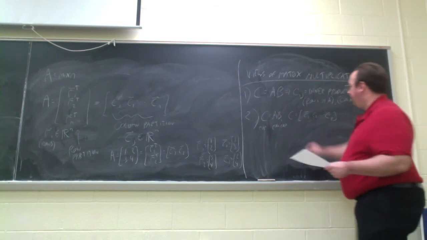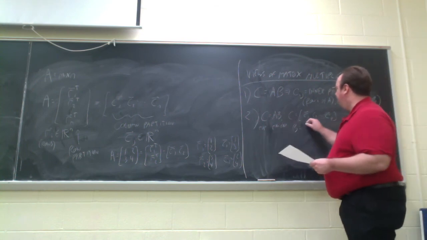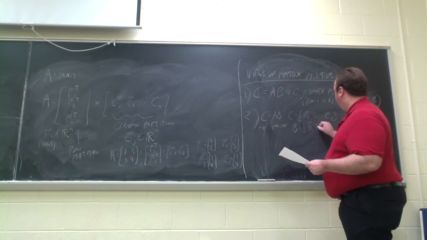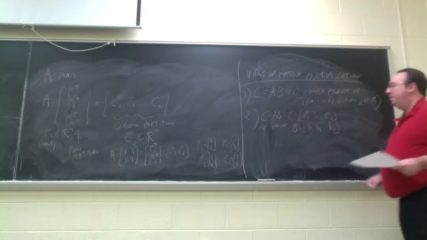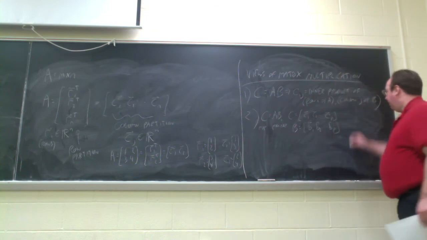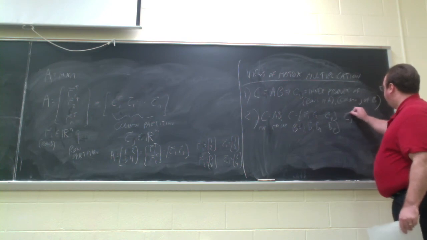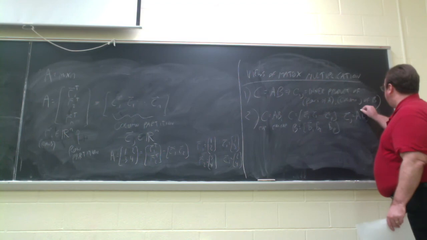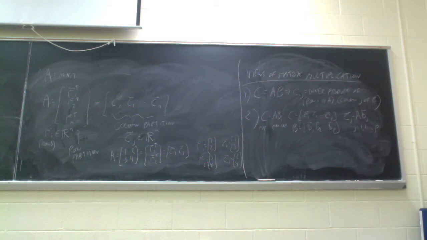And if I also have a column partition of B, so C and B both have p columns, then these columns have a simple relationship: Cj is equal to A times Bj. So in other words, every column of the product is a linear combination of columns of A. And the coefficients of the linear combination are determined by the corresponding column of B.